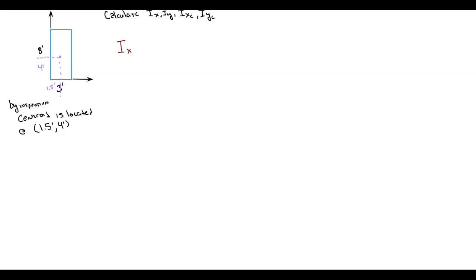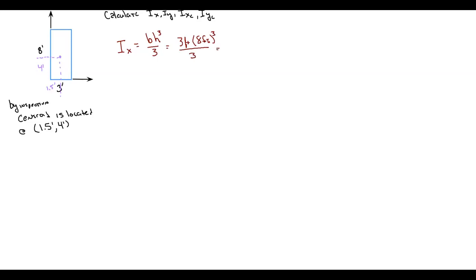So looking at table A2 on page 455, this is a rectangular shape. The moment of inertia about the x-axis is bh cubed divided by 3. The base times height cubed divided by 3. So the base is 3 feet. Height is 8 feet cubed divided by 3.